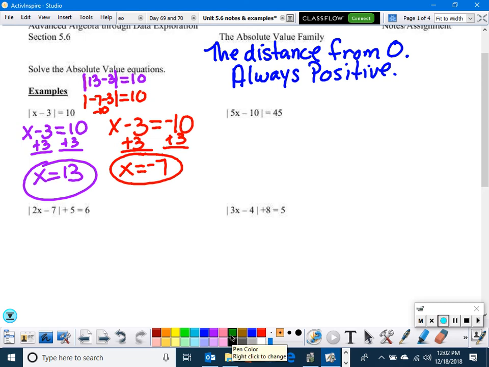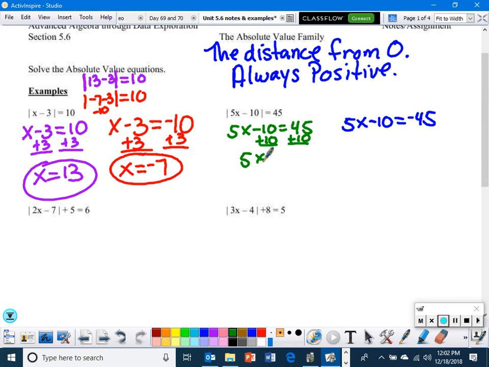So I'm going to make two problems. Okay, the second problem is going to be equal to negative 45. All right, solve both of them. So one answer is 11.